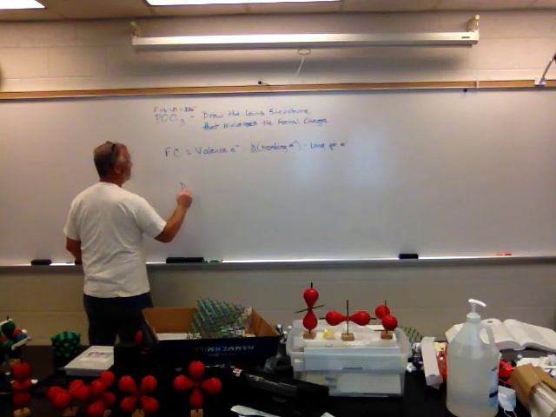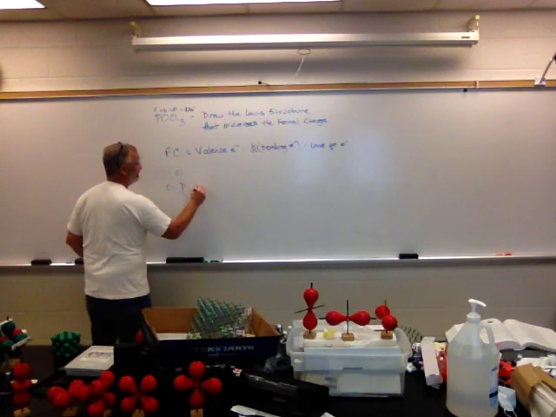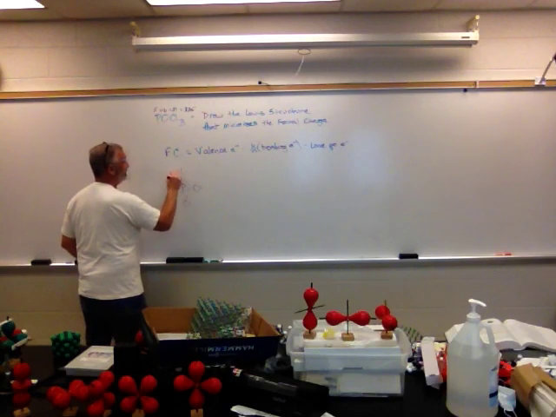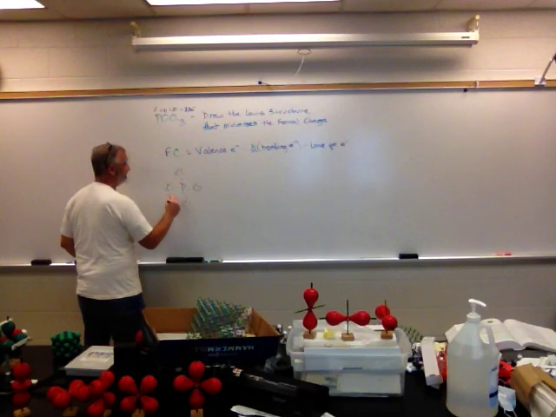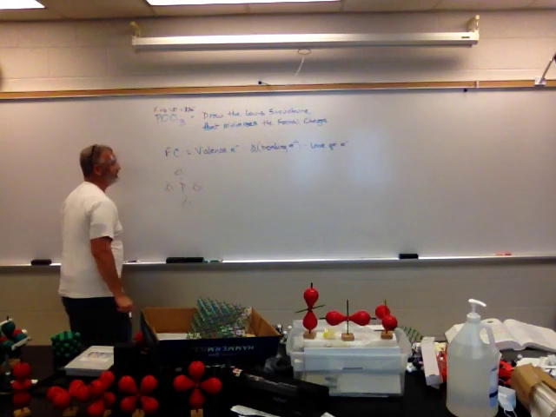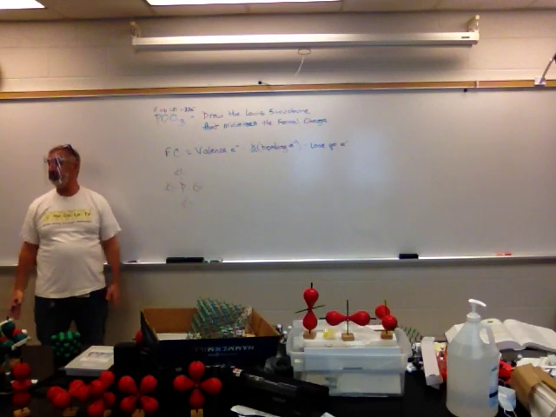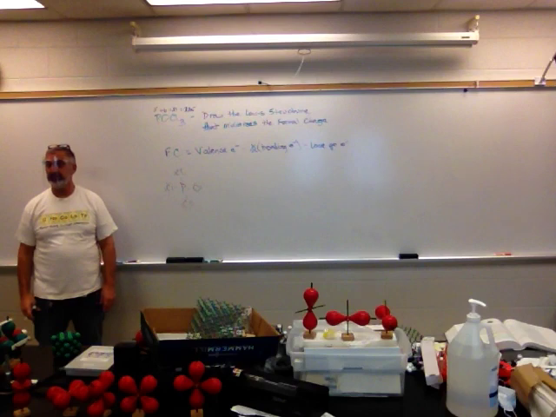So I'm going to say phosphorus, oxygen, chlorine, chlorine, chlorine. 2, 4, 6, 8, 10, 12, 14, 16, 18, 20, 22, 24, 26, 28, 30, 32. It appears that's a great Lewis structure.